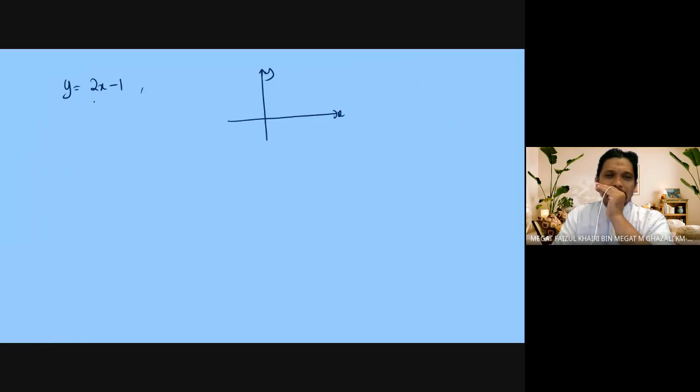This is a linear graph. When x equal to 0, y equal to negative 1. When y equal to 0, 2x minus 1 equal to 0, then 2x equal to 1, x equal to 1 over 2.